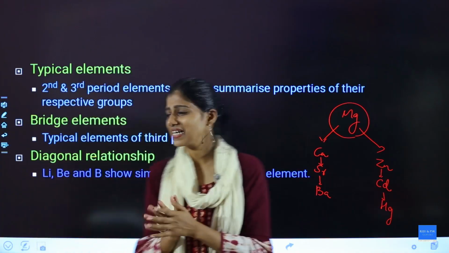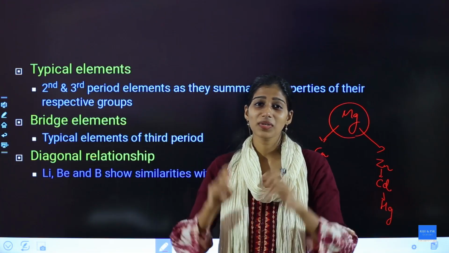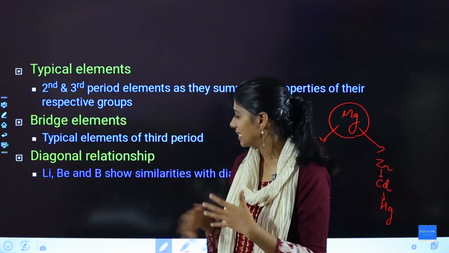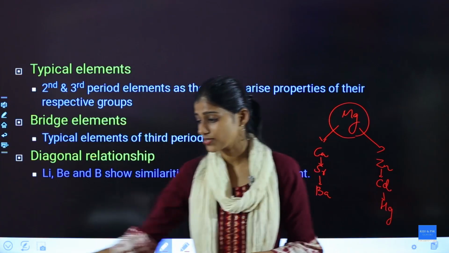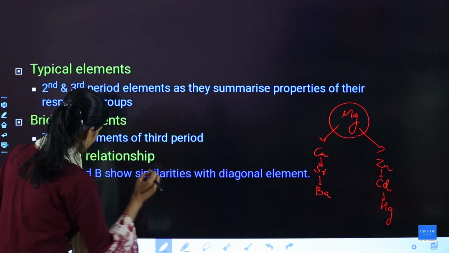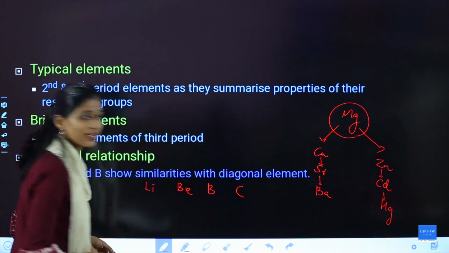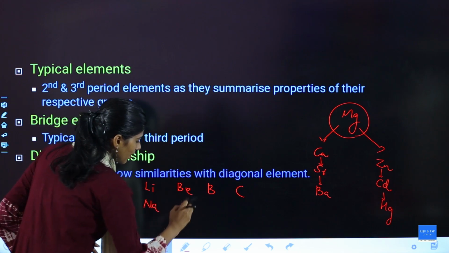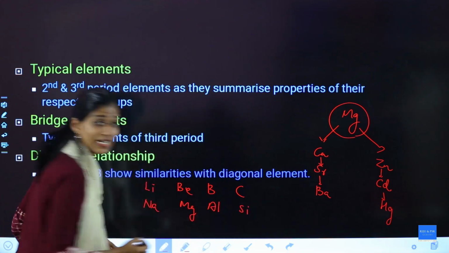And next thing is about the diagonal relationship. A very interesting factor that we are observing in the periodic table is an interconnection in properties for the diagonally existing elements. For example, you consider lithium, beryllium, boron, carbon, and what is the very next element? You have sodium, magnesium, aluminium, and you have silicon.